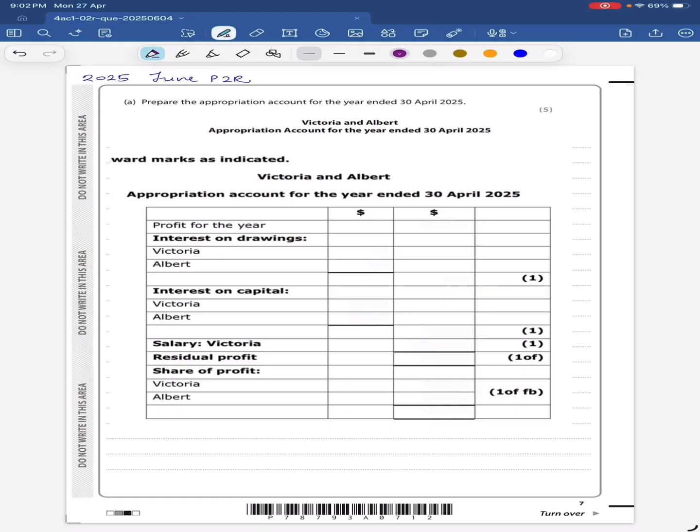Prepare the appropriation account for the year ended 30th April 2025.